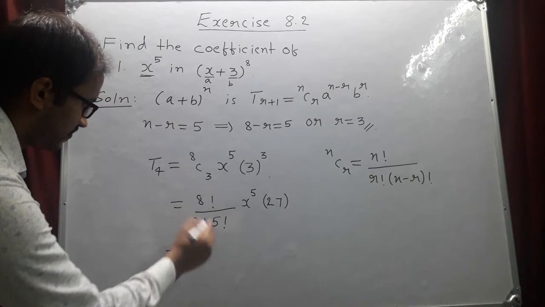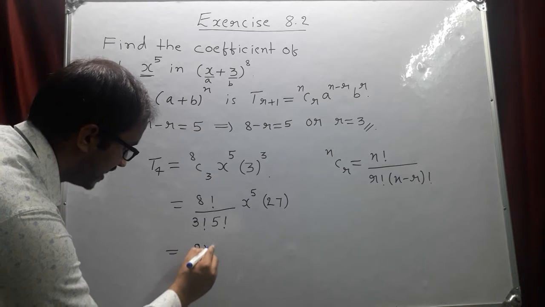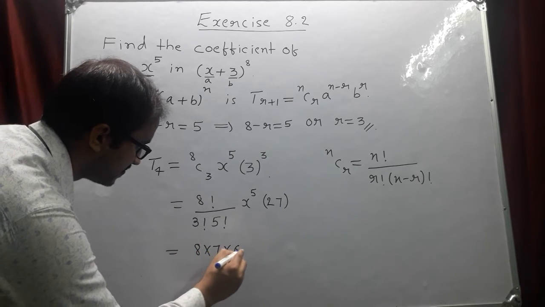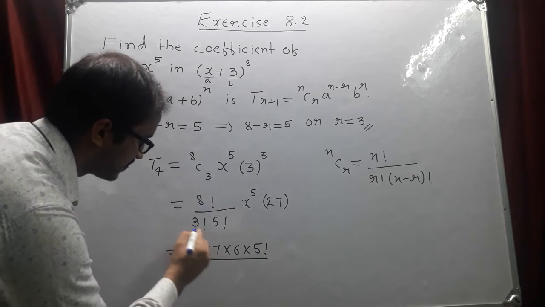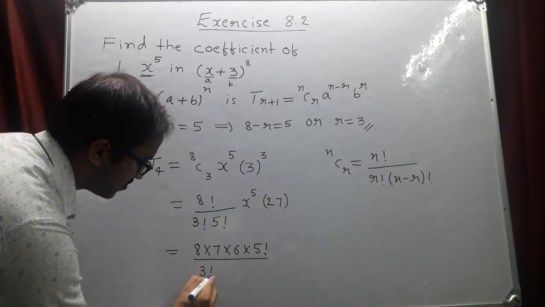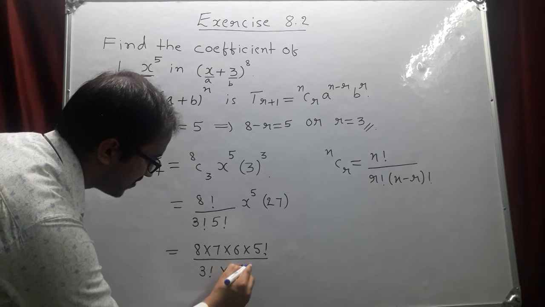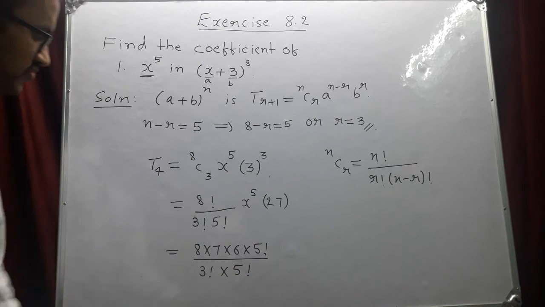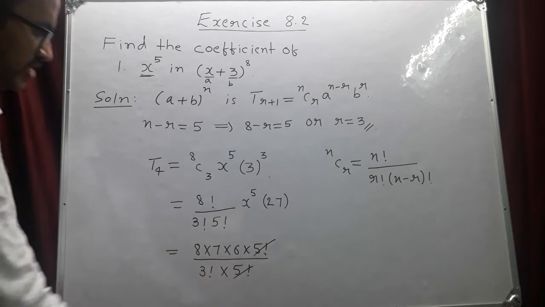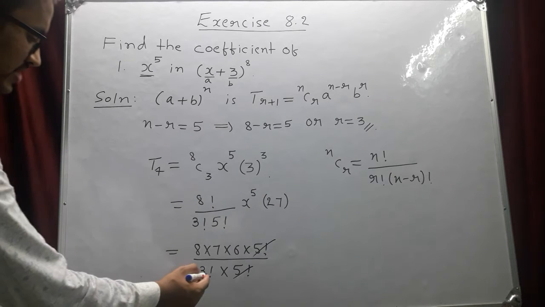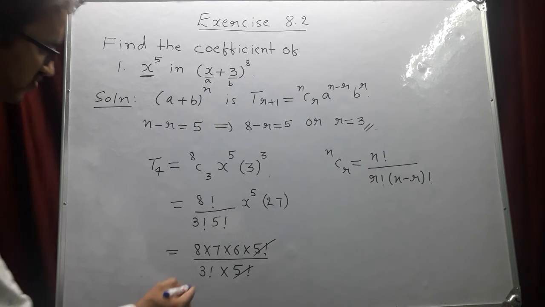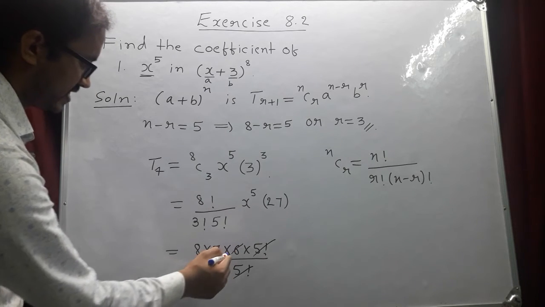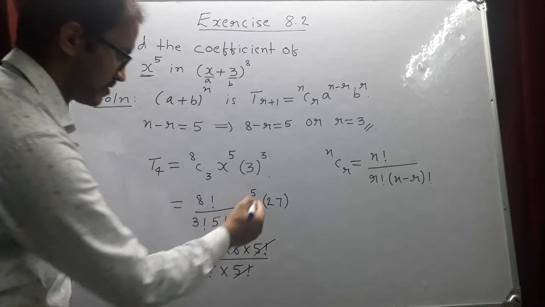So simplify, 8 factorial can be written as 8 into 7 into 6 into 5 factorial, divided by 3 factorial into 5 factorial. So 5 factorial will get cancelled. 3 factorial is 3 into 2 into 1, that is 6. 6 will get cancelled.